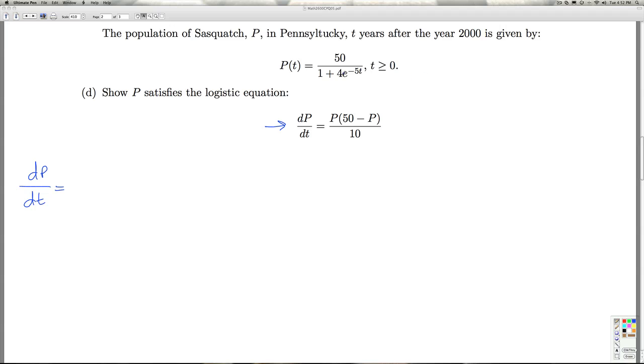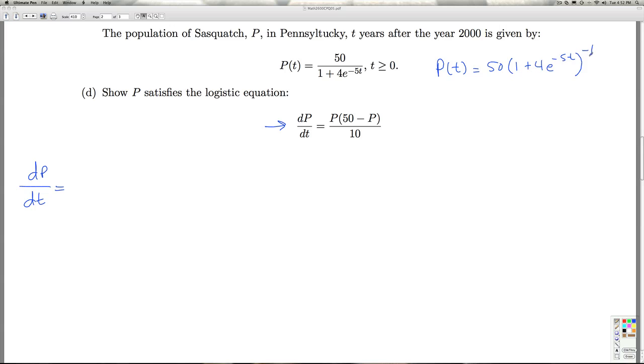So I need to take the derivative of this with respect to t. I could do the quotient rule on this, which is a bit of a waste because the numerator here is a constant. So I'm just going to rewrite P of t as 50 times (1 plus 4e to the negative 5t) to the negative 1 power. Then I can just use the generalized power rule.